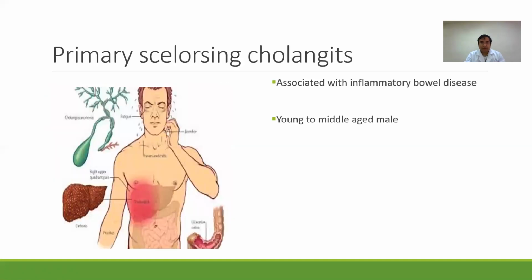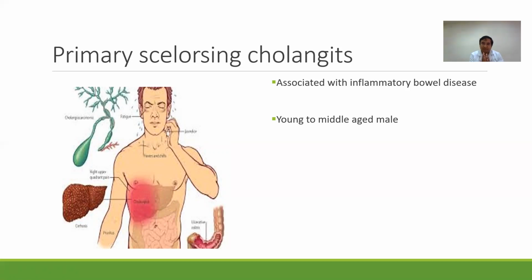Yes. So another important cause is primary sclerosing cholangitis. It usually occurs in young to middle-aged males and is often associated with inflammatory bowel disease. Do people know what are the symptoms of inflammatory bowel disease? Yes. Ulcerative colitis is one of the inflammatory bowel diseases which usually presents with bloody diarrhea, and another inflammatory disease is Crohn's disease, which usually presents with recurrent abdominal pain.